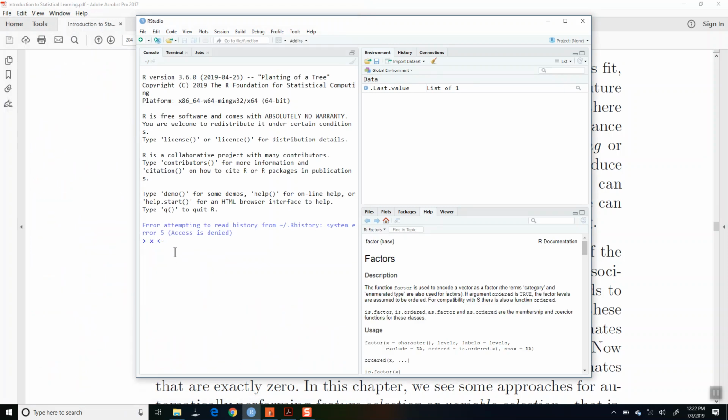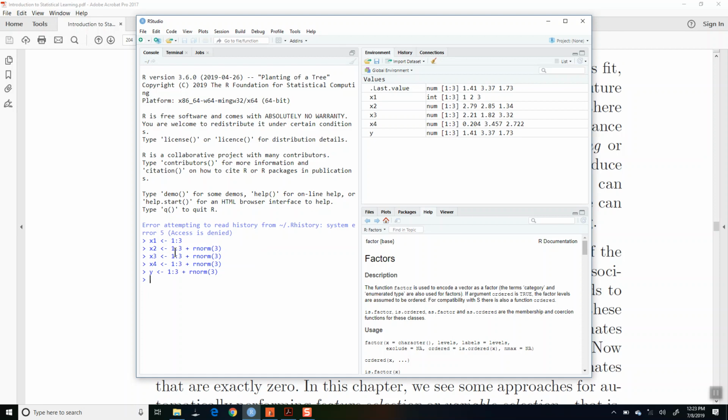Let me just try. x1 is going to be 1, 2, 3. x2 is going to be 1, 2, 3 plus rnorm(3), and x3 is 1, 2, 3 plus rnorm(3), and x4 is 1, 2, 3 plus rnorm(3), and then Y will be 1, 2, 3 plus rnorm(3).